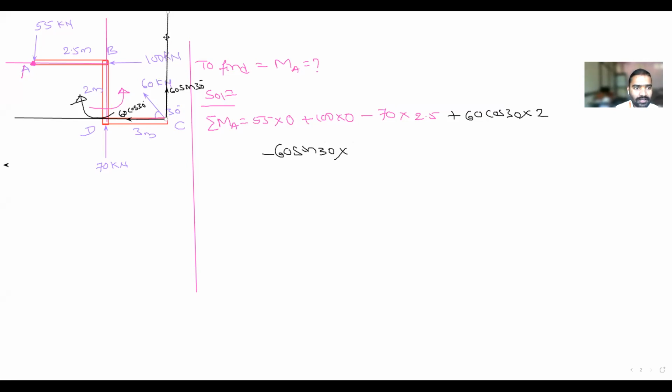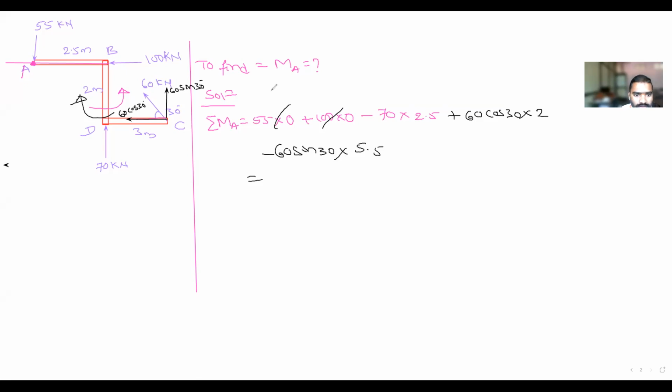This is the line of action of force. So this is the point. So from here to here it is 2.5, and from this point to this point it is 3 meter, as given. Total is 5.5 meter. So now calculate the answer. How much is it? All of you calculate the answer. Minus 236.07. Yes, correct.